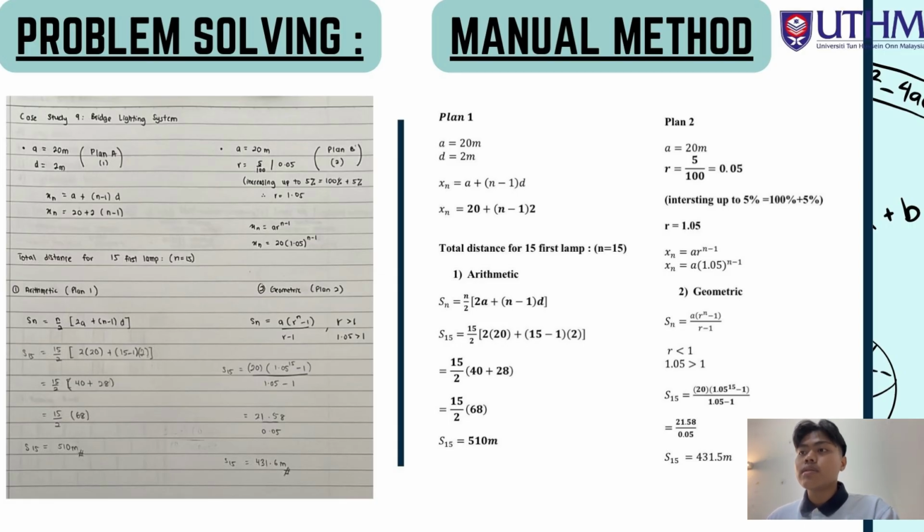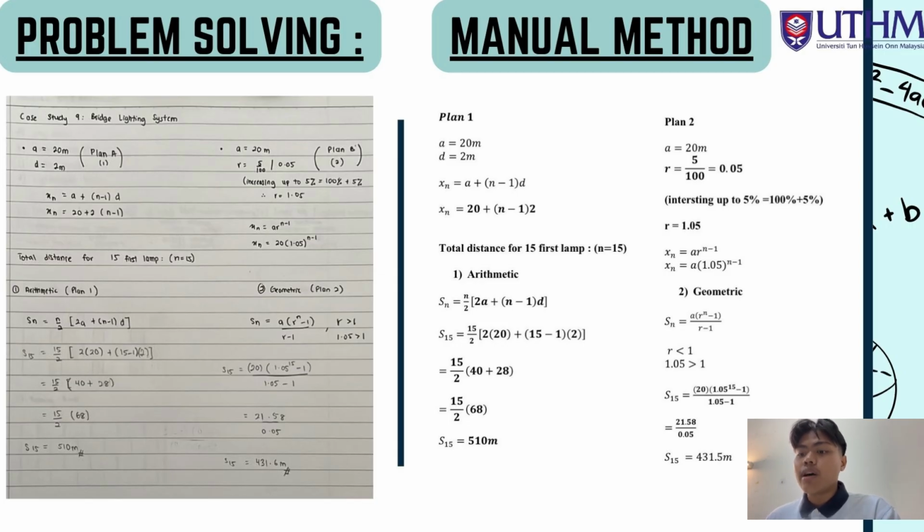So for the second question, we have to find the total distance covered for the first 15 lampposts. The formula is written like this: Sn equals n over 2 in bracket 2a plus (n minus 1) times d.